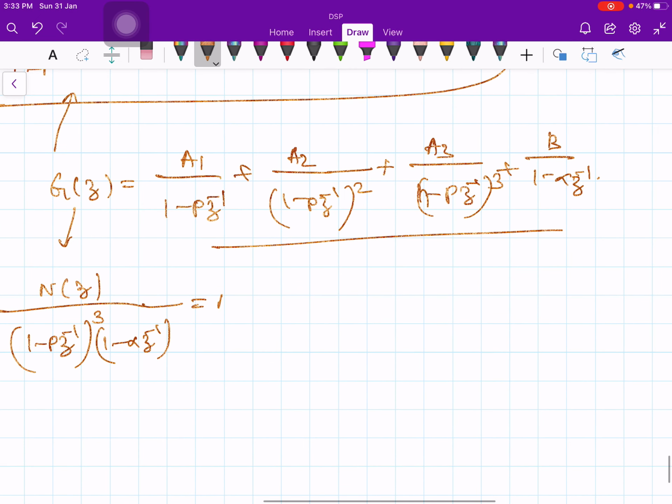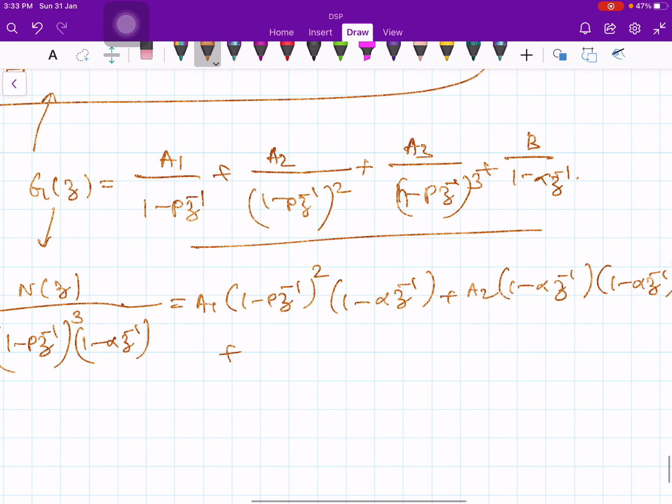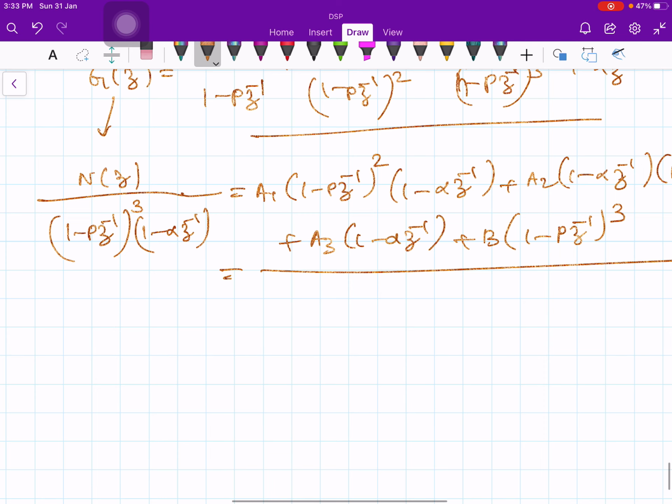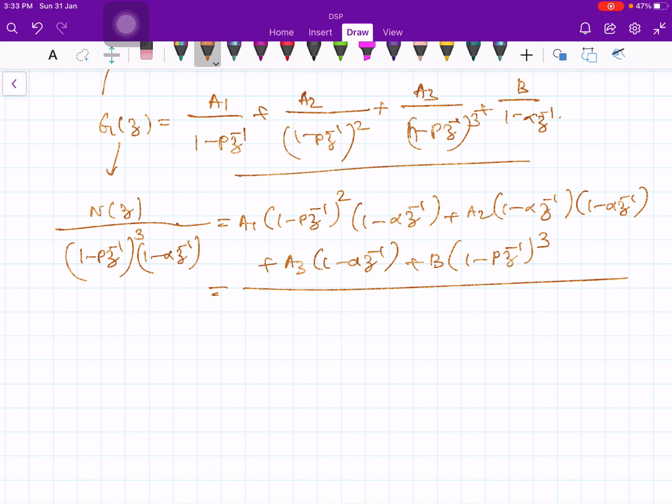So this is a1 times 1 minus p z inverse whole squared times 1 minus alpha z inverse plus a2 times 1 minus p z inverse times 1 minus alpha z inverse plus a3 times 1 minus alpha z inverse plus b times 1 minus p z inverse whole cube, divided by 1 minus p z inverse whole cube times 1 minus alpha z inverse.